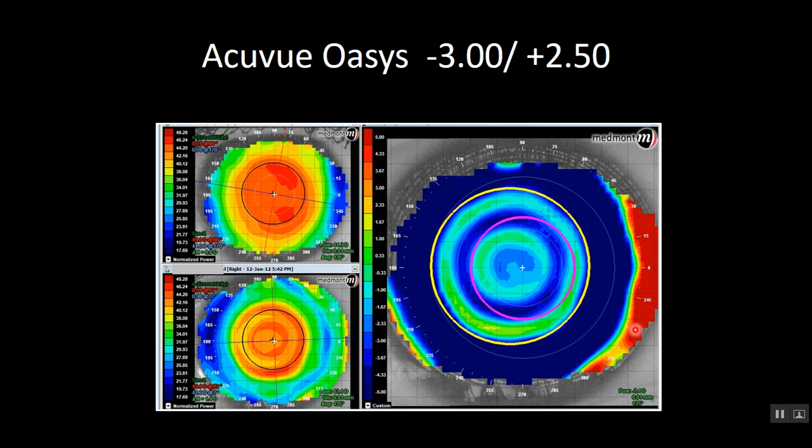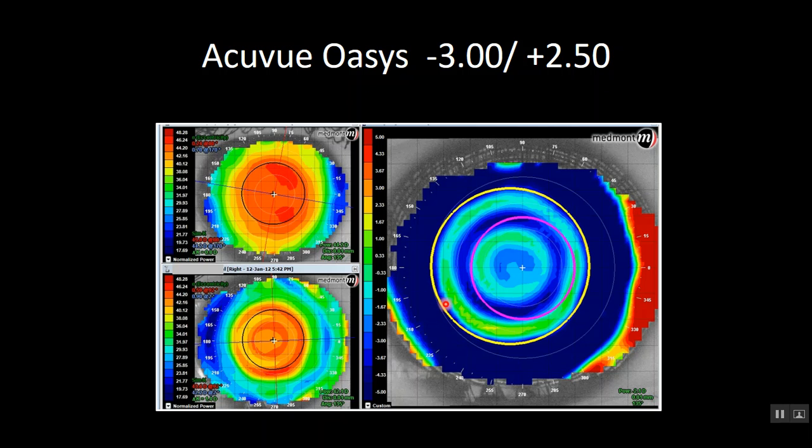As an example, we see the AccuView Oasis -3 with a 250 add, so a -3 distance, 2.5 diopters of add. In the center of the grid, where this little white cross is, that's the patient's visual axis. The pink is the approximate border of the pupil.